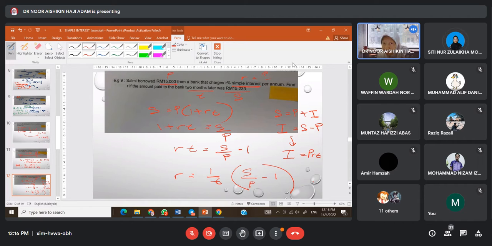Rate cannot be that big, that large, that high. Sekejap saya kira balik. Make sure you can get the answer and you know how to use your calculator. T is 1/6, or 2/12.